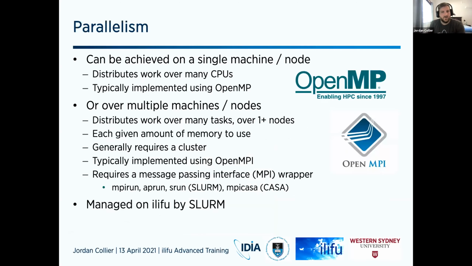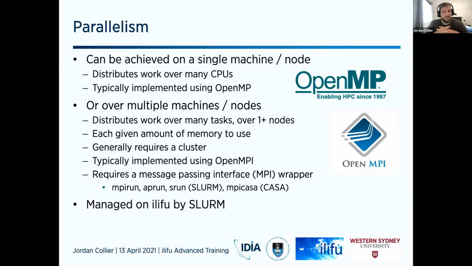And so there are different ways to achieve parallelism. If you're doing so on a single node, then you're distributing the work over many CPUs, restricted by how many are on that node, in our case 32. Typically, this is implemented with OpenMP. If we're trying to process over multiple nodes, then we're distributing our work over many tasks. And we can, in fact, do this with just one node over many tasks.